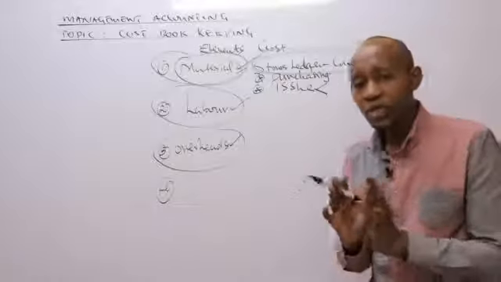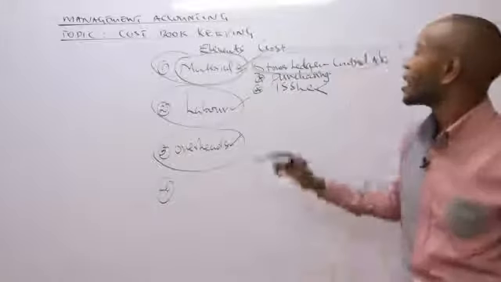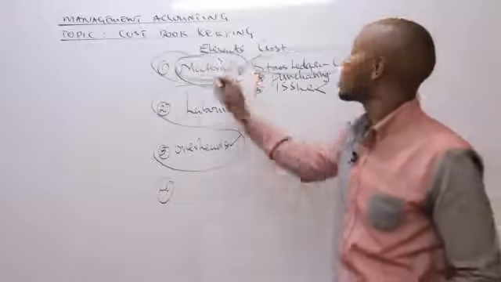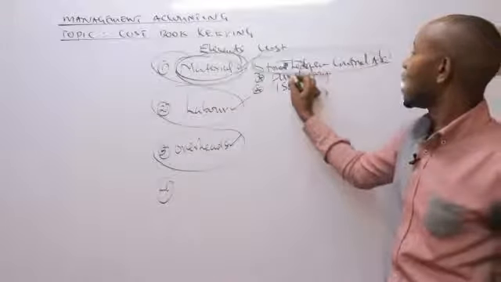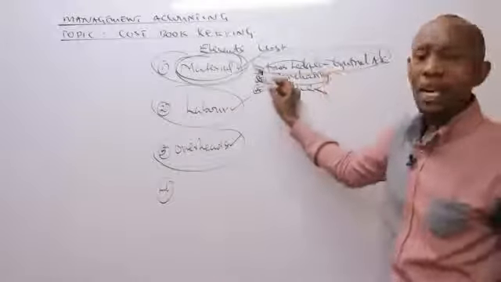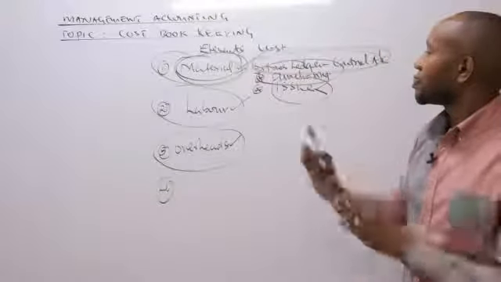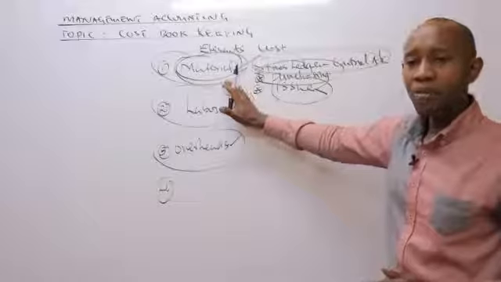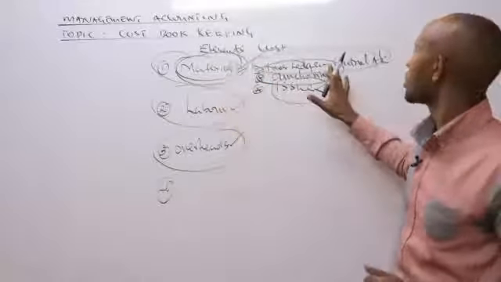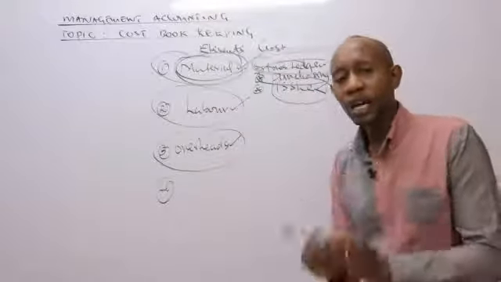But I want you to just remember that as far as material is concerned, we will have two entries: we purchase and then we issue. That will help us prepare the account for material, which I've called the stores ledger control account.